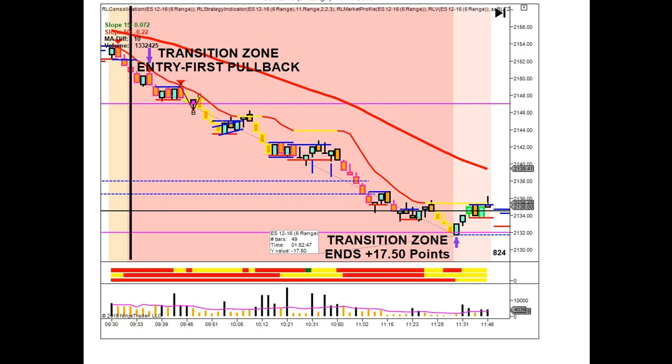So what the transition zone does is it seeks to leverage this. Now, this black line occurs when there's a transition zone.